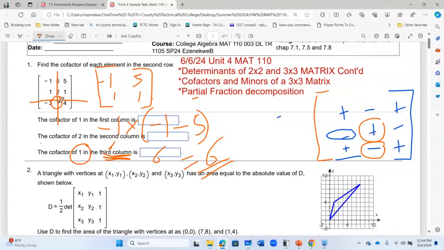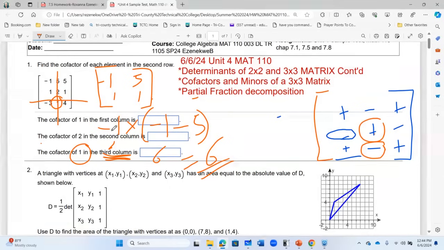So this is the 1 here. I'm going to cancel, and I'll cancel here. And then -1 multiply 1. Oh, okay, I see. Yeah, -1 multiply 1 is -1, minus -5 is -6.